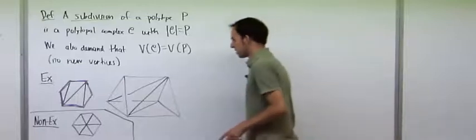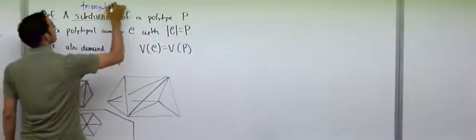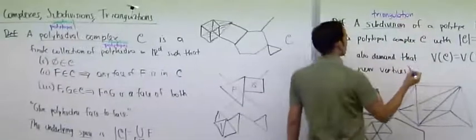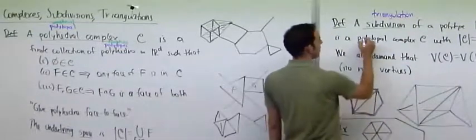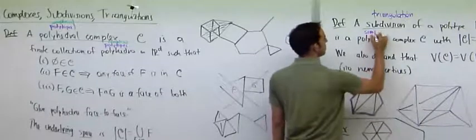So that's a subdivision. And again, let me change the definition a little bit. I'm going to call this a triangulation if all the pieces are simplices.